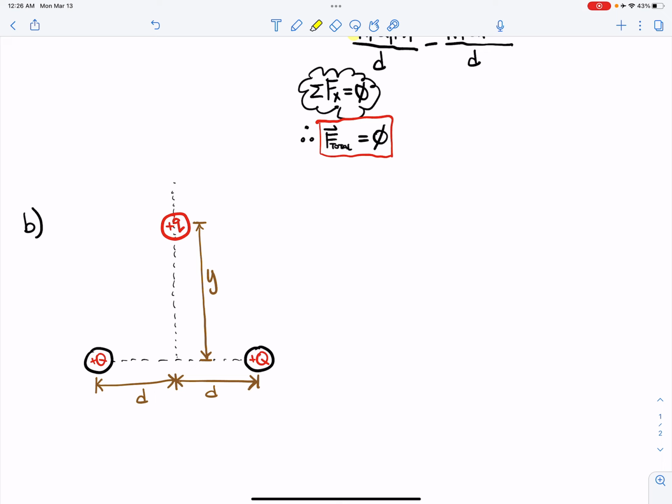So let's draw our forces acting on that. This is my x and this is my y, right?